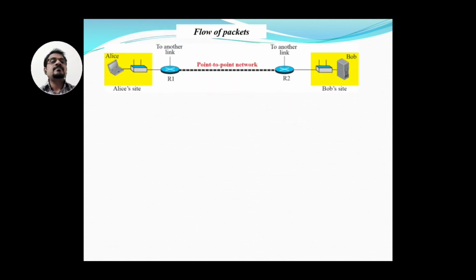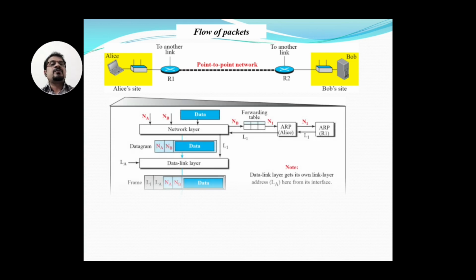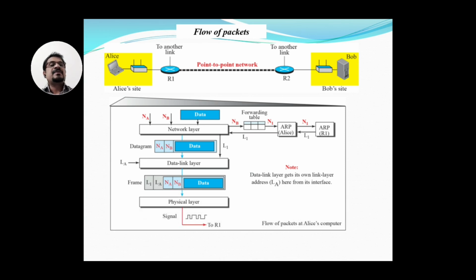Now we can see how packets flow from one node to another, from the left-hand side to the right-hand side. If it is a point-to-point network, it may connect one router to another router, which is the easiest way to understand it. The network layer, which includes the ARP protocol, uses a forwarding table.